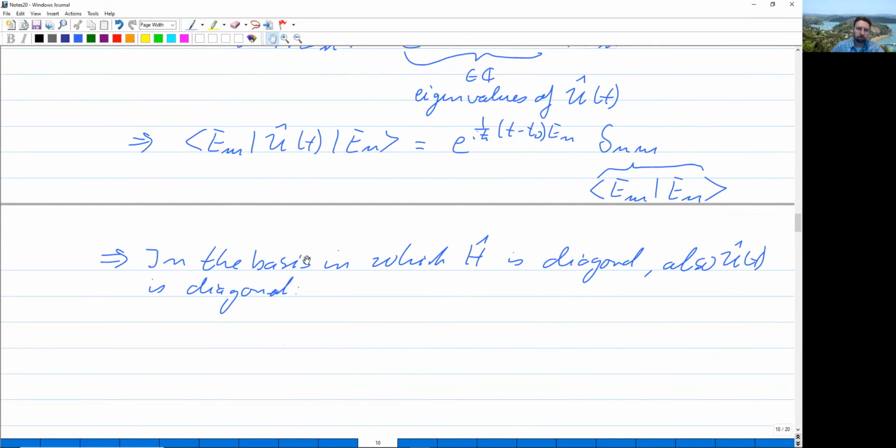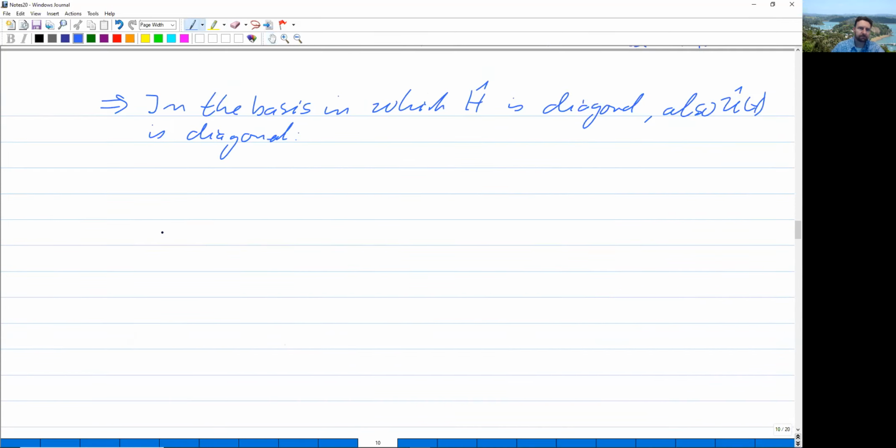So what we have is that in its eigenbasis, we have this matrix where we have E1, E2, and so on. So the mnth matrix element, maybe I should put an M here and an N there.